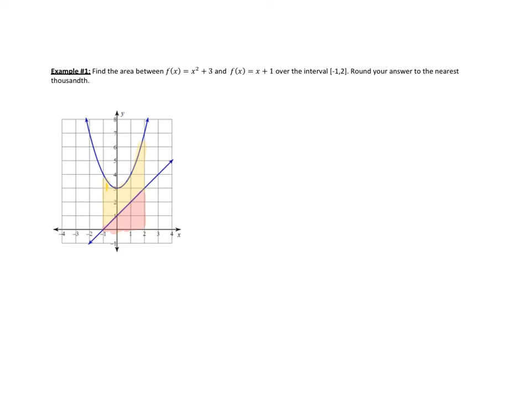So if I want to find the area between the two curves, what would I have to do? Well, if you can kind of visualize it, I have all of this yellow, which even went down here. So if I took the yellow, all of this, minus the red, wouldn't I be left with just this yellow piece, which is the area between the two curves?